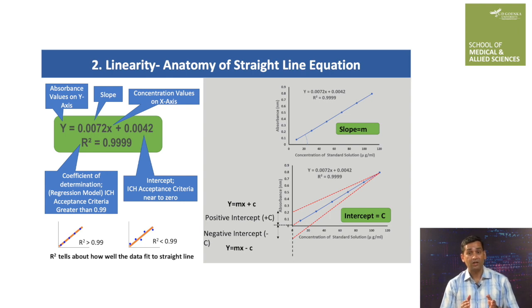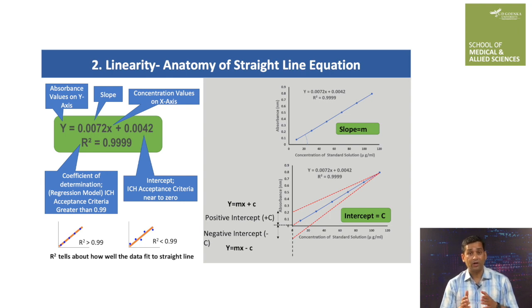If the straight line touches the y-axis below the x-axis, the intercept holds a negative sign, meaning minus c, and accordingly the straight line equation changes its sign. If the intercept holds a positive sign, the equation will be y equal to mx plus c. If the intercept holds a negative sign, the equation will be y equal to mx minus c.